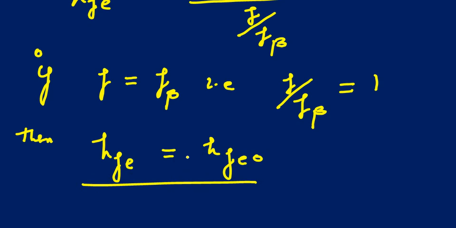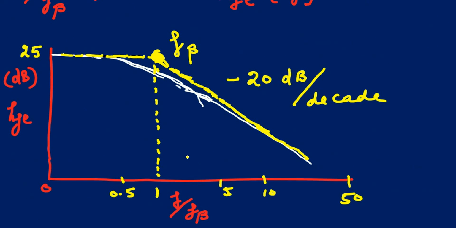So f equals f beta here gives HFE equals HFEO. So this value of HFE is actually HFEO. This is the asymptote.